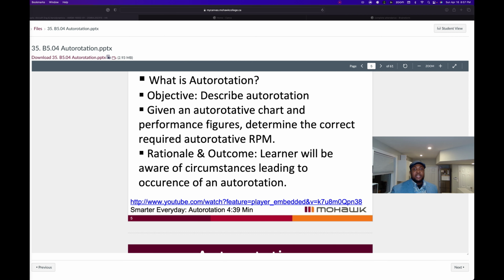Prevention of ground resonance. Helicopters with fully articulated rotor systems are equipped with provisions to help counteract ground resonance effect. One of these is the lead lag dampers. They slow or dampen the fore and aft movement of the blades about the vertical hinge. So this is the damper right here.